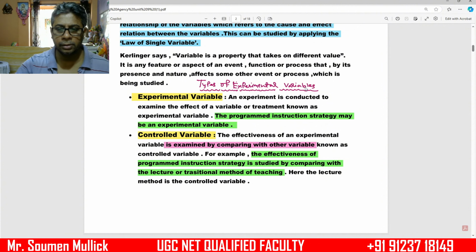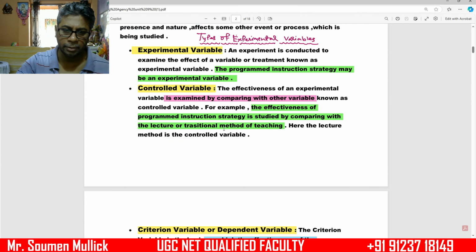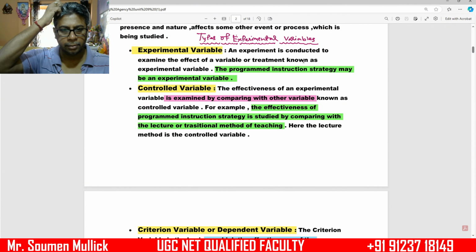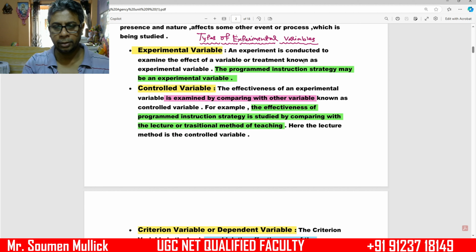Next, control variable. The effectiveness of an experimental variable is examined by comparing it with other variables, known as control variables. For example, the effectiveness of the programmed instruction strategy is studied by comparing it with the lecture or traditional method of teaching.